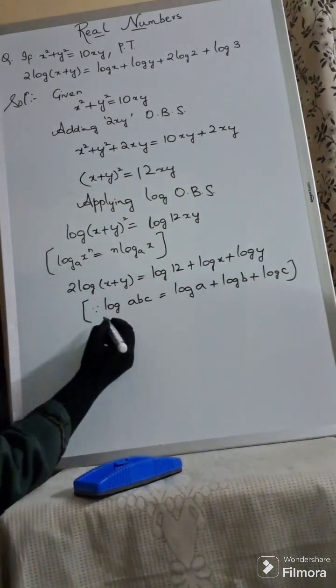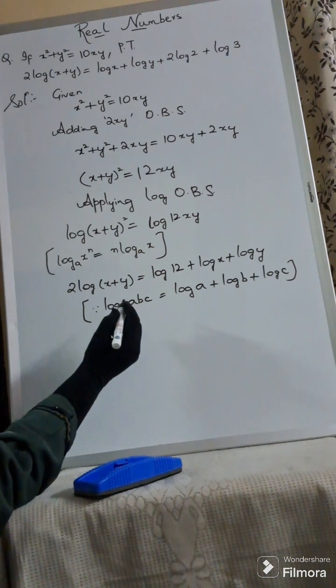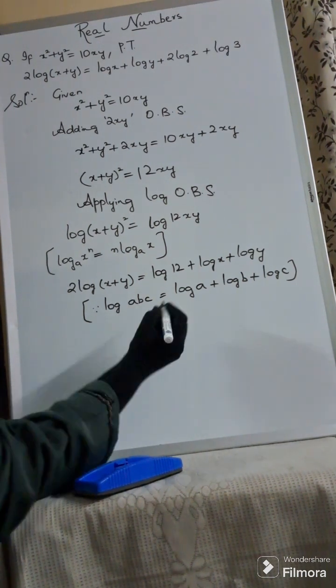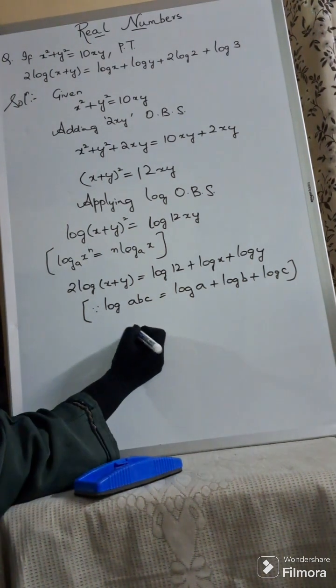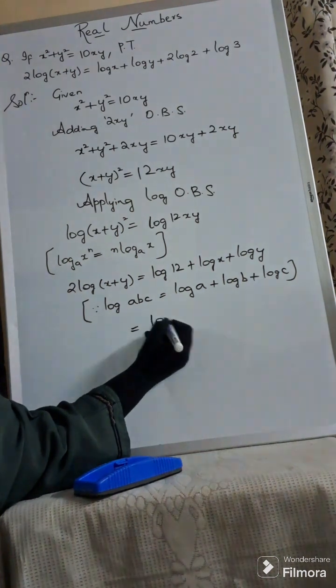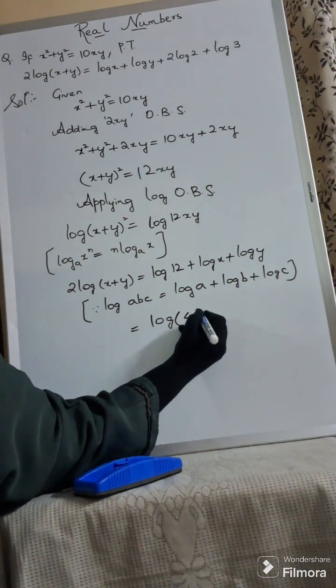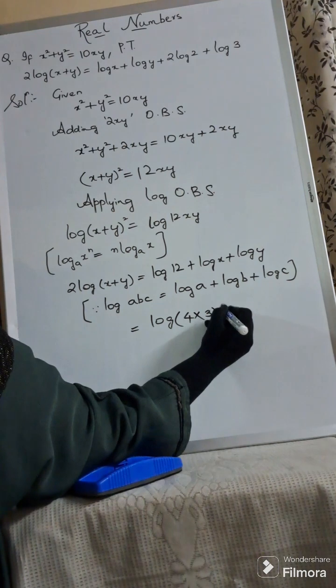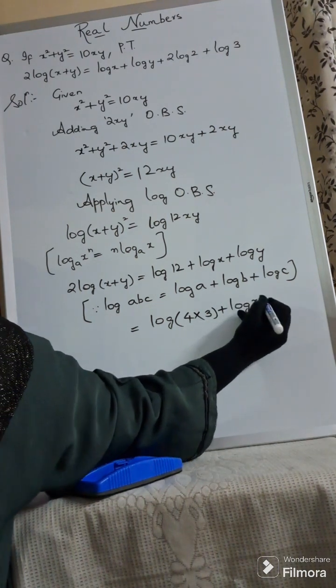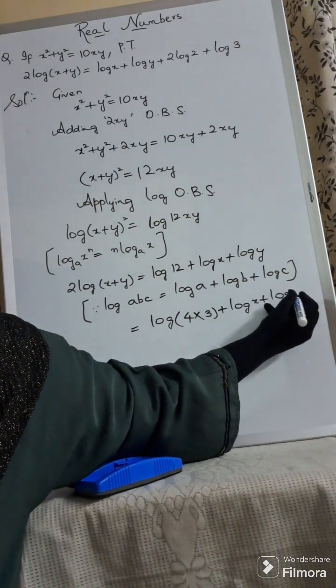Now this is nothing but 2 log (x plus y) is equal to log of 12xy. So I am expanding into the other form now. Here log 12 can be written as log of 4 into 3, plus log x plus log y.